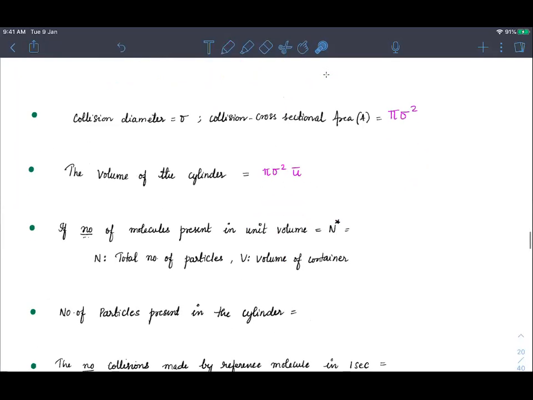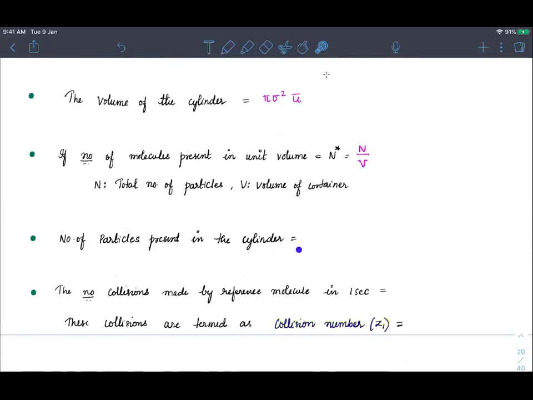Now, if the number of molecules present in the unit volume, unit volume means N by V, number of particles per total volume, is N star, the number of particles present in the cylinder will be how much?